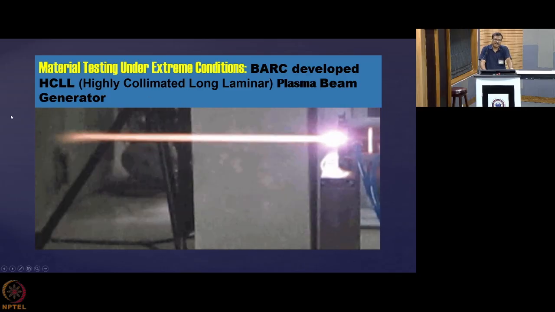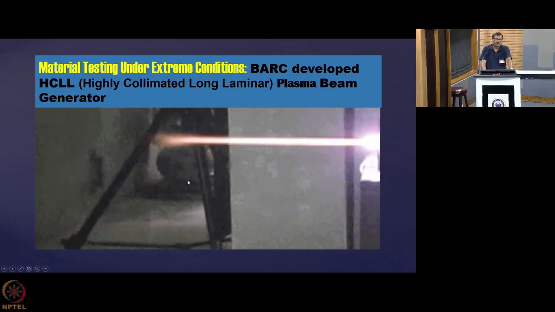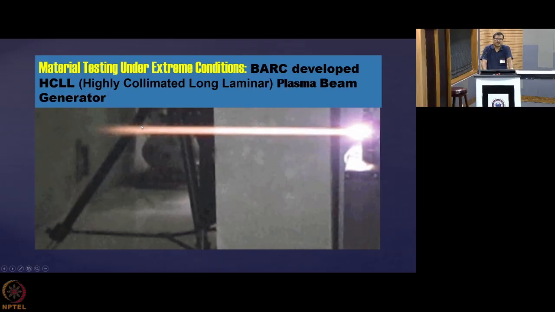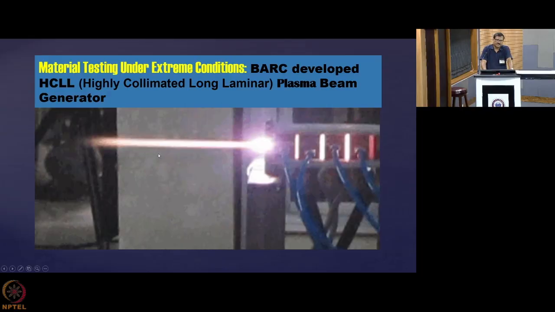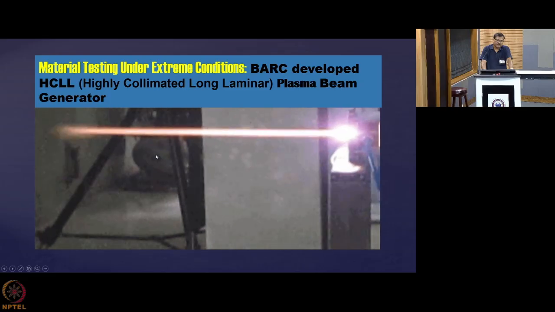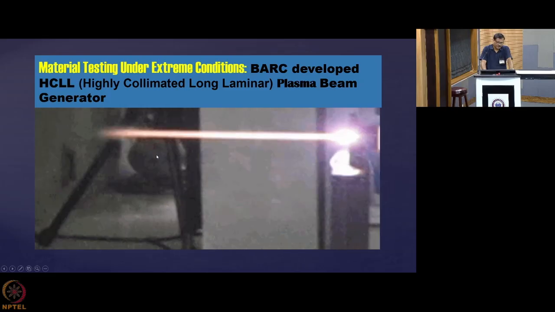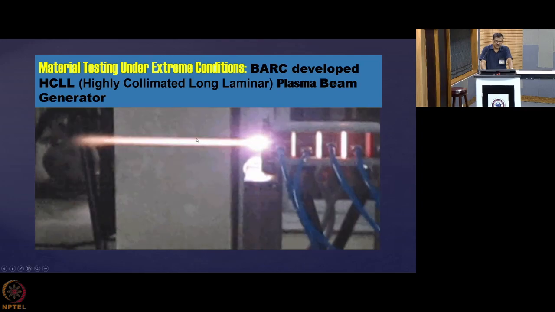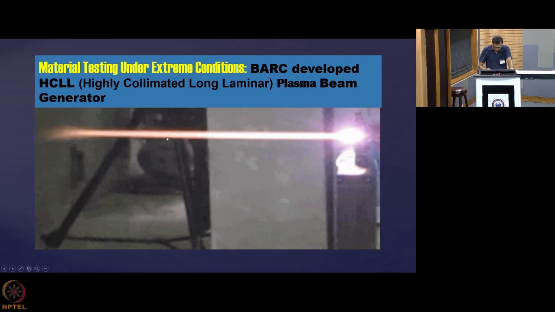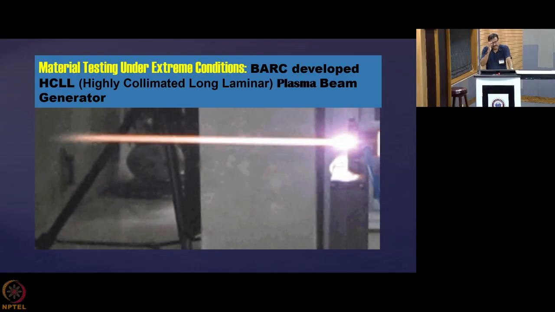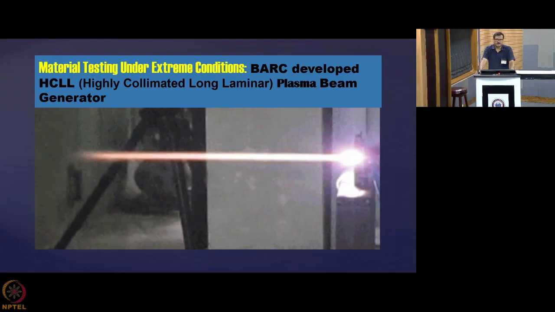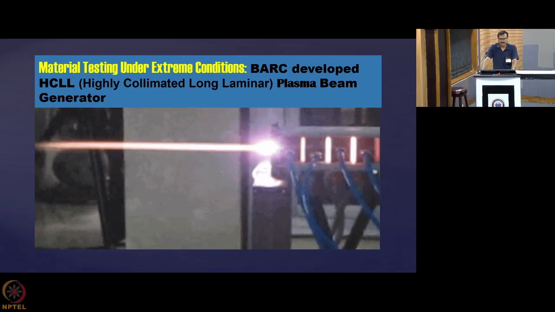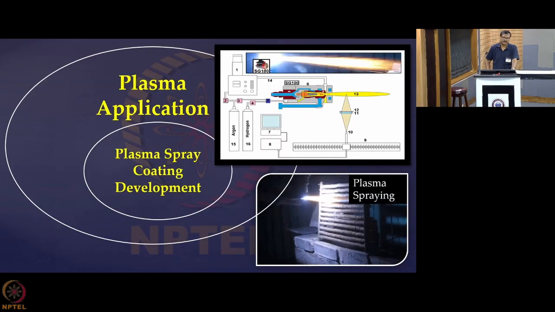So instead of making and breaking a fusion device, we can use this kind of plasma beam to test whether the material will perform as per our intended design specification or not. So this kind of plasma jet, plasma beam can be used for material testing under extreme conditions.